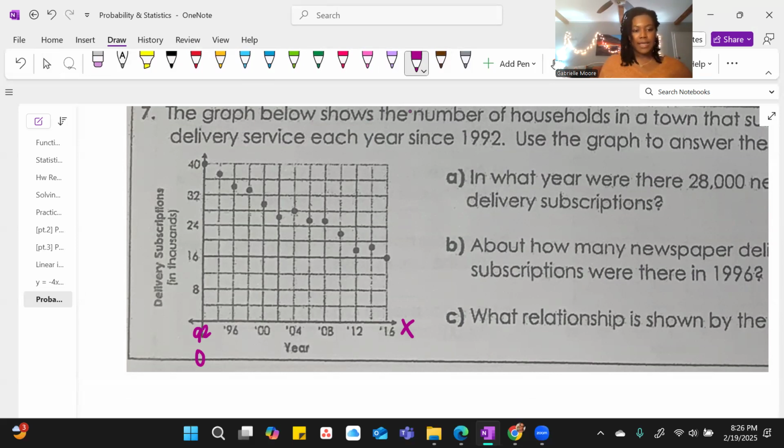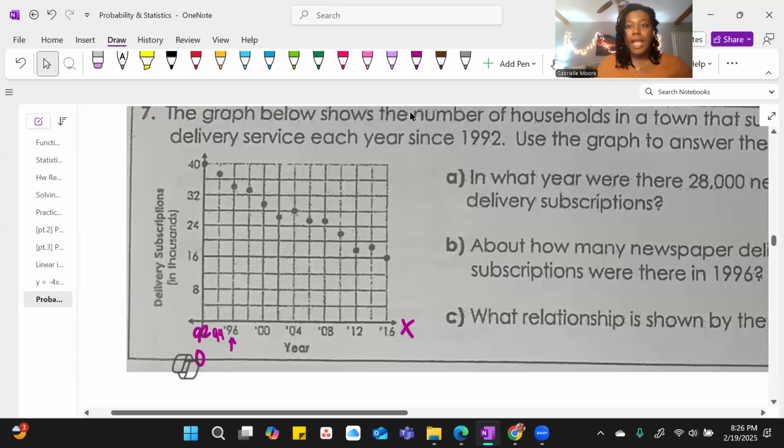And then the line that is right after it, that's 94. And then you have 96. So how is it counting? 96, 98, 2000, 2002. You can say it's counting by 2, or if you're just looking at 96, then 2000, then 04, then 08, it's counting by 4.